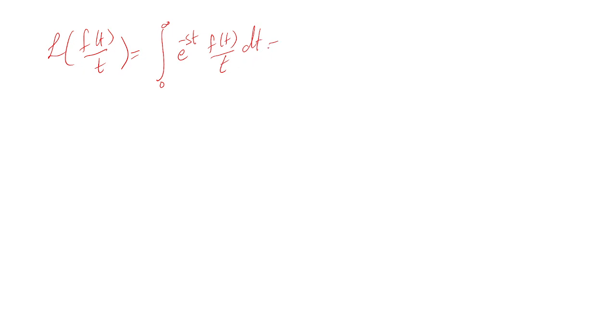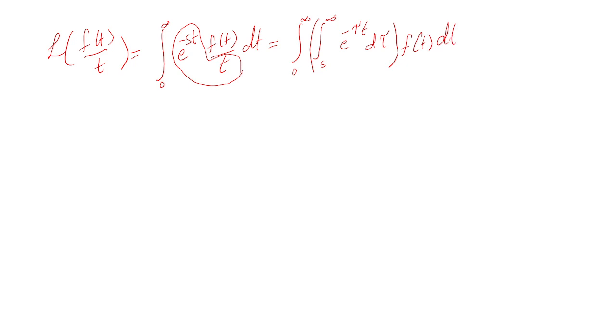Now I can write this as the integral from 0 to infinity, and I write this function in the integral form: the integral from s to infinity e to the minus tau t d tau, times f of t dt.